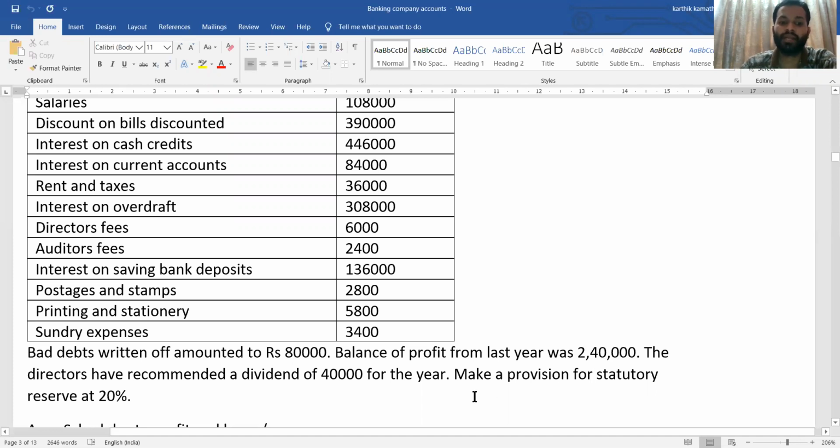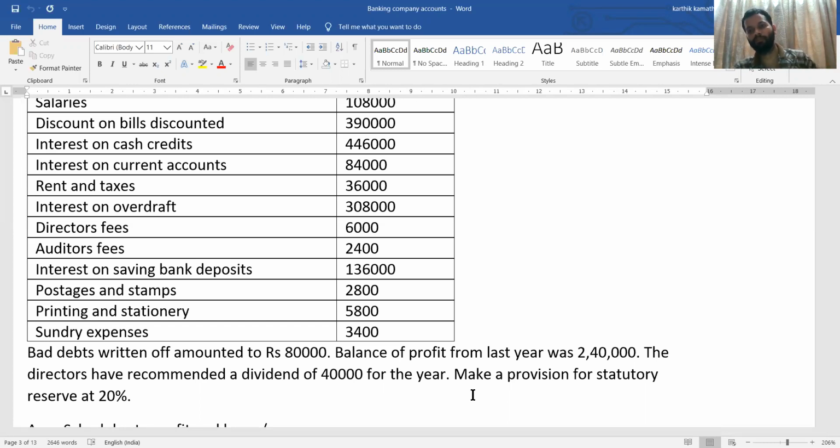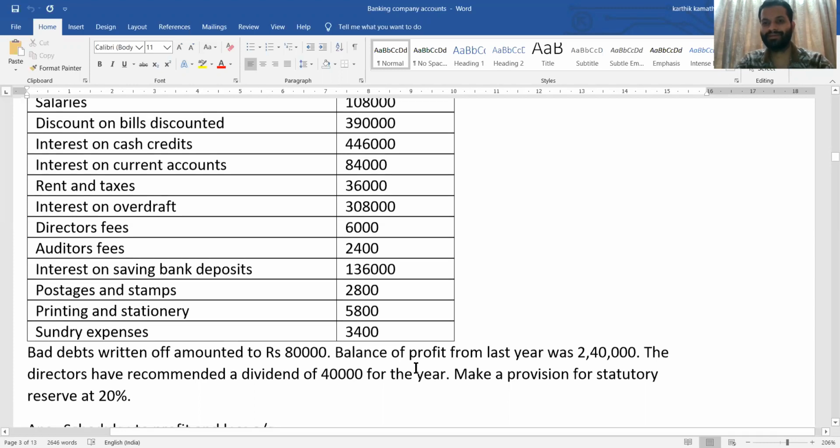The directors have recommended a dividend of 40,000. Under appropriation, transfer to dividend, under that you need to show the 40,000 amount. Make a provision for statutory reserve at 20%. So transfer to reserve again under appropriation, that is the fourth main head under the profit and loss account, you are going to show the statutory reserve amount.